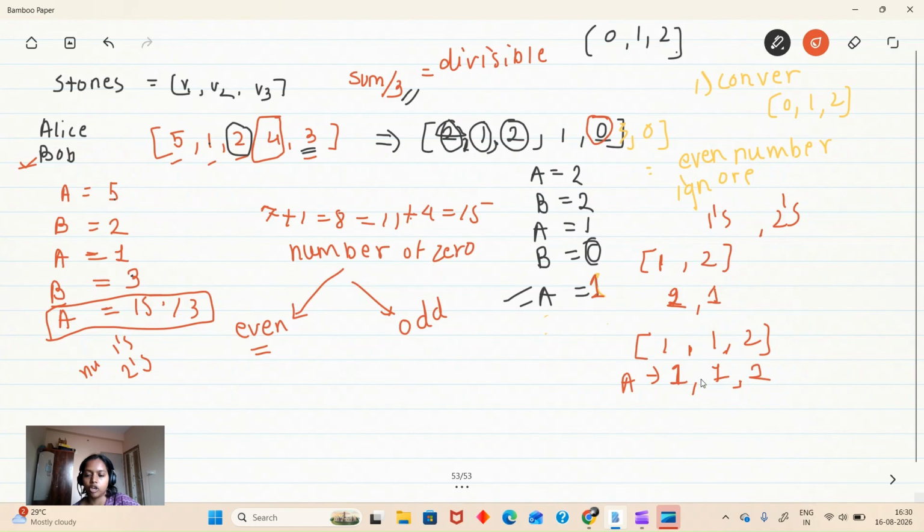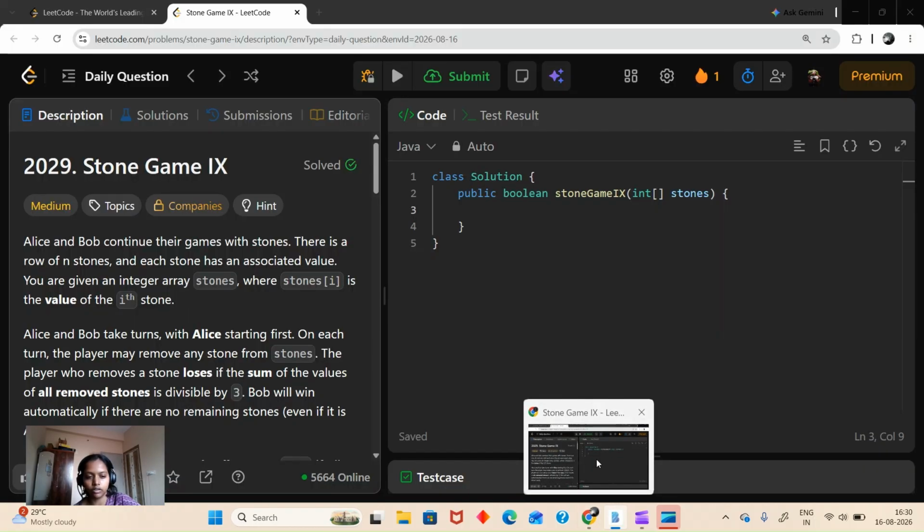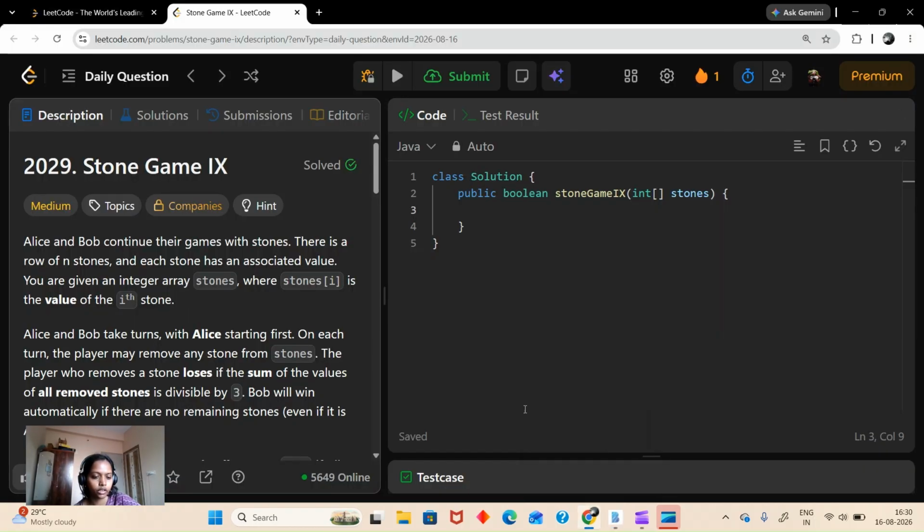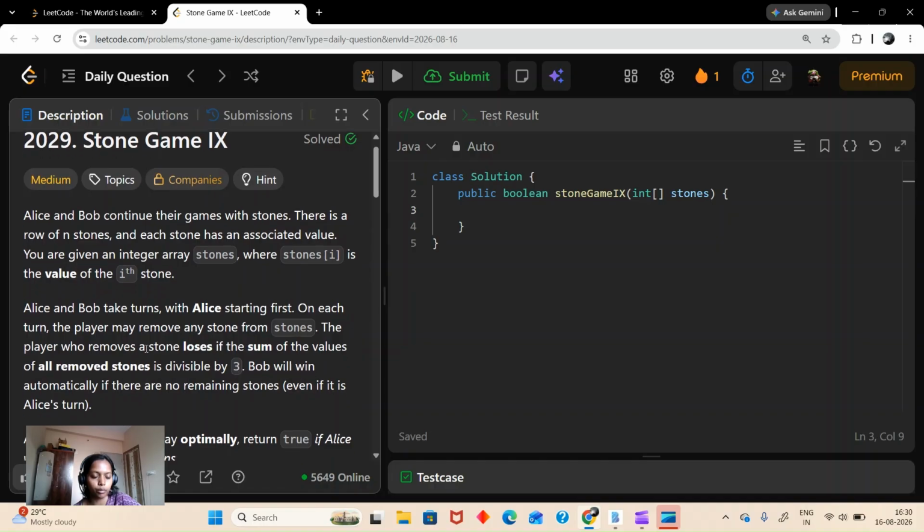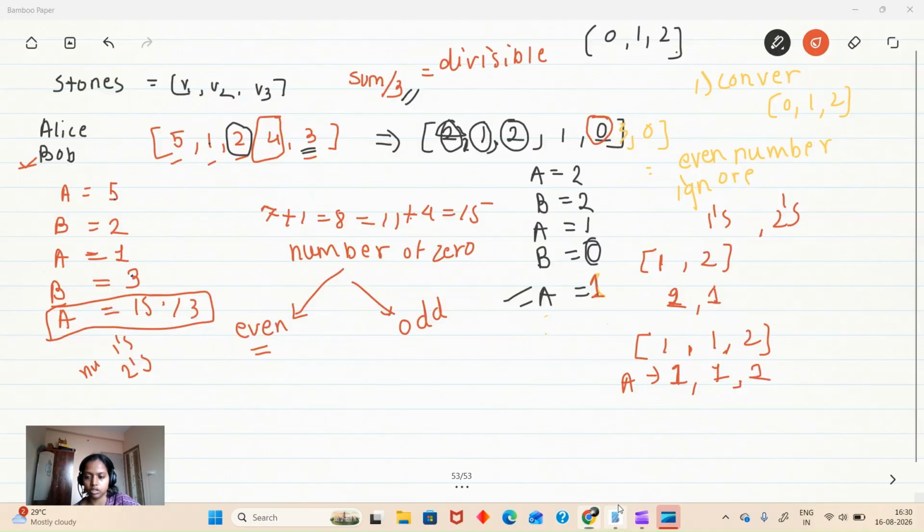But what will be my sum now? 1 plus 1 plus 2. But in the question what is given, Bob will win automatically if there are no remaining stones, if it is Alice's turn. So in this case who is going to win is Bob.